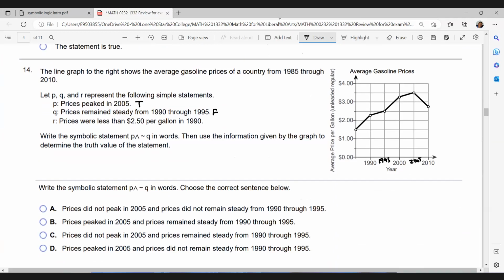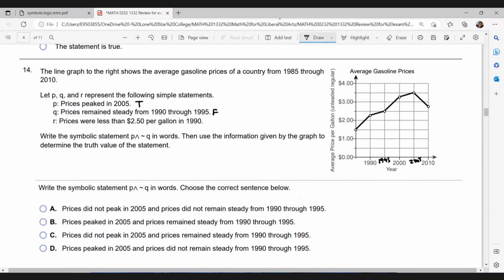If it would have remained steady, that means we would have seen a flat line, okay? And so therefore we don't see that. Therefore it is not steady.